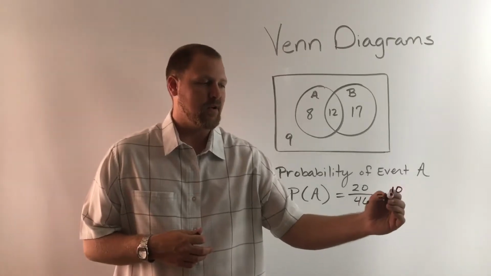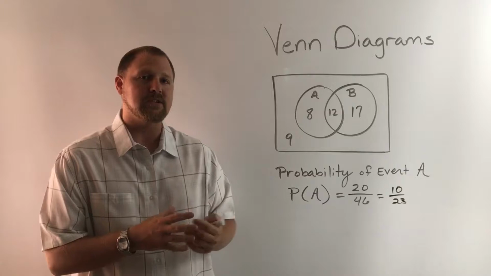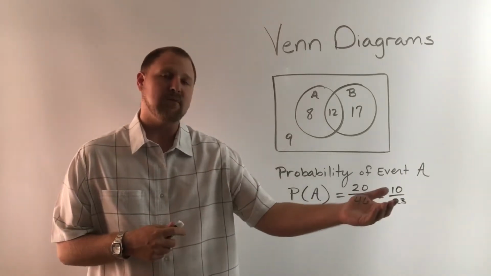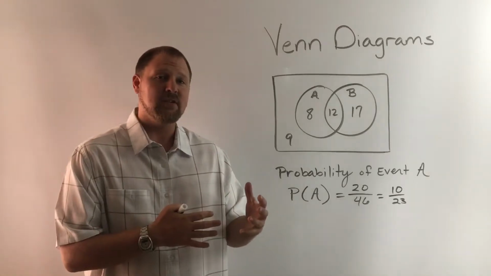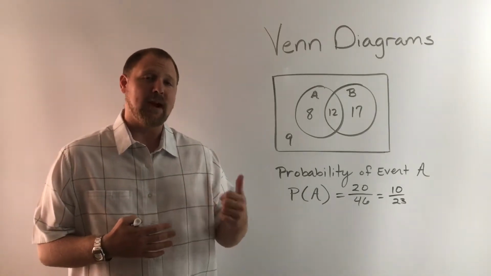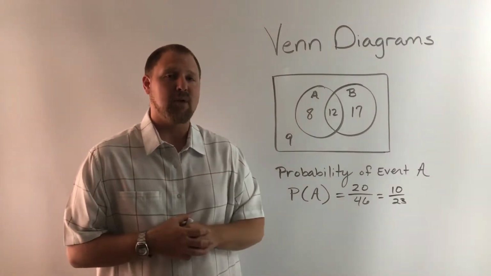Simplify that to 10 over 23. And then you can also have the discussion that you can calculate it into some decimal value or percentage, where fractions, decimals, and percents are all valid ways of expressing probability.